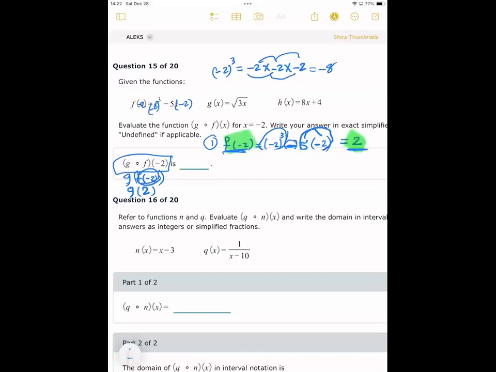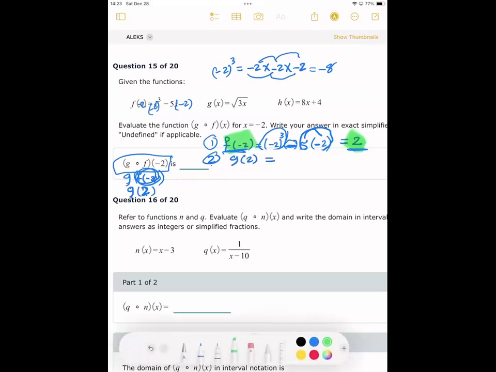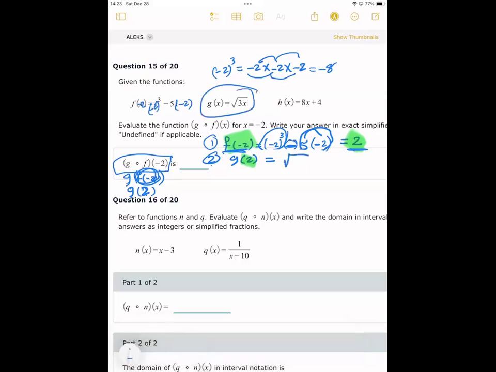So I changed f of -2 to 2. Then now I have to evaluate g at 2. And this 2 is coming from here. So I go to function g. It is square root of 3 times x, so it becomes square root of 3 times 2. 3 times 2 is 6, and I can't simplify it any better than that. The answer is square root of 6.